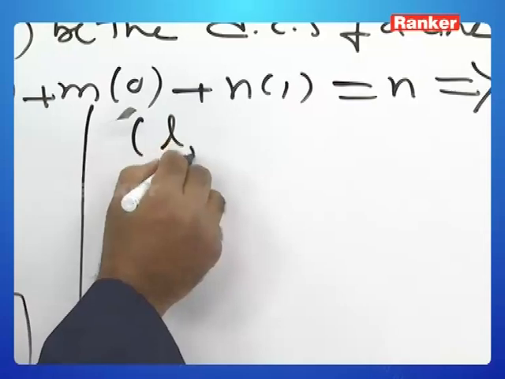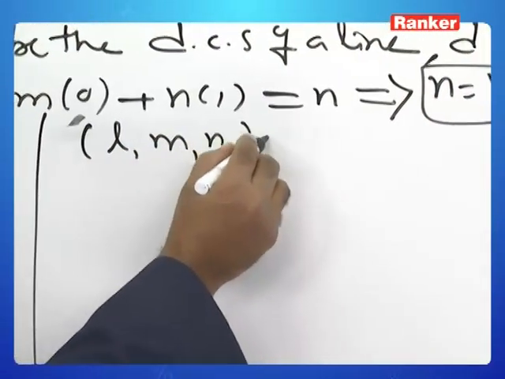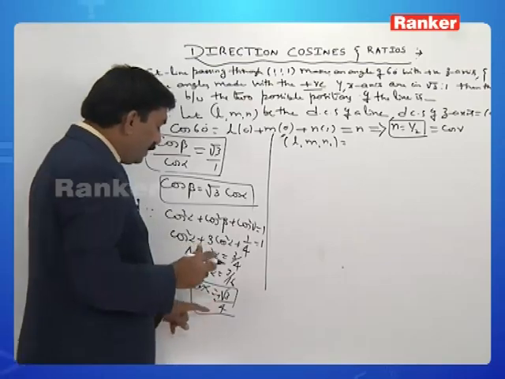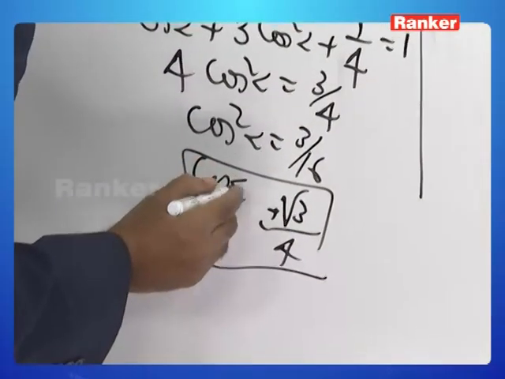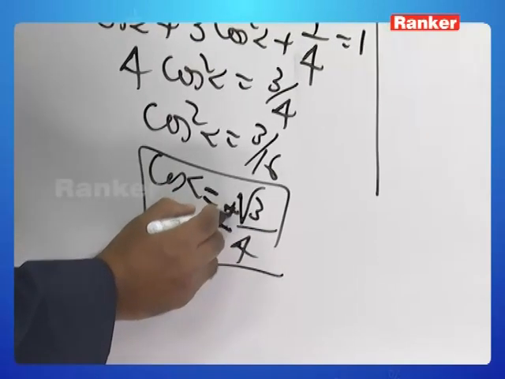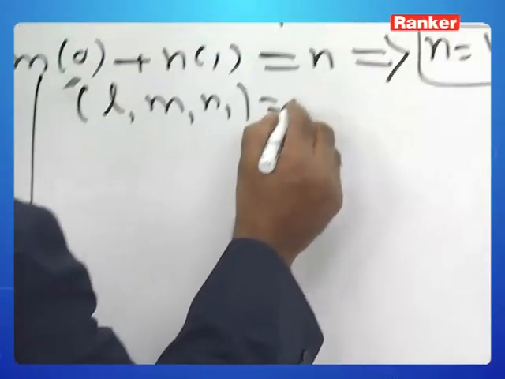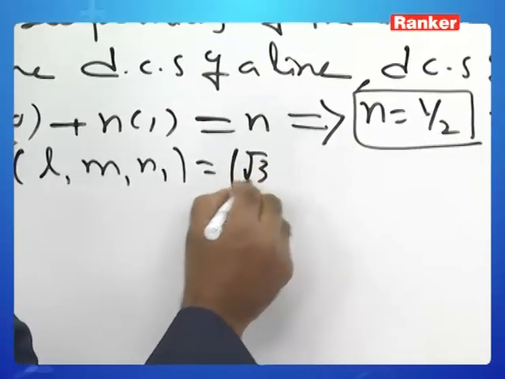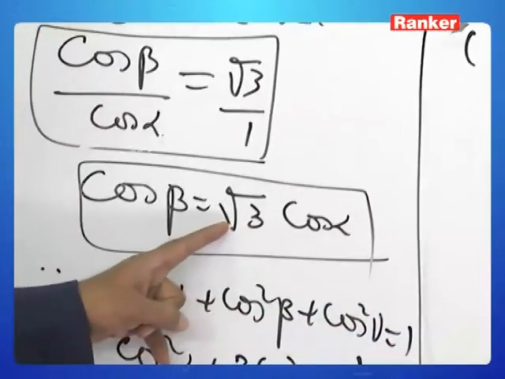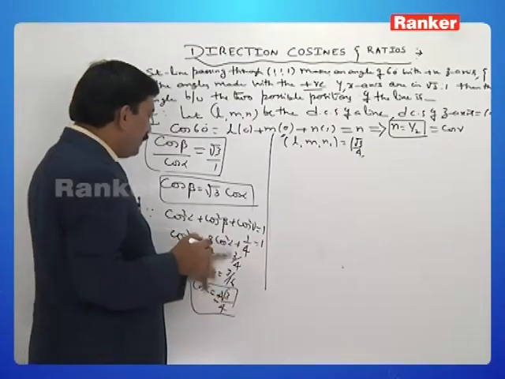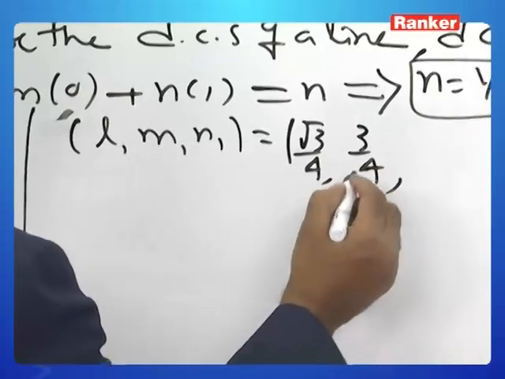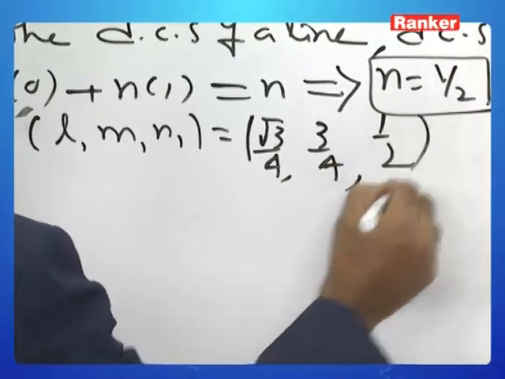So cos alpha has two possible values. I can write this one as L1, M1, N1. Cos alpha is nothing but root 3 by 4, so L1 is root 3 by 4. Now substitute here: this becomes 3 by 4, and N is 1 by 2.